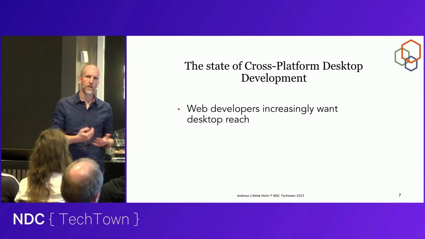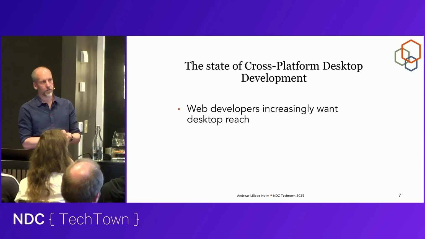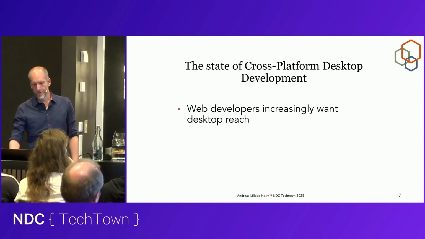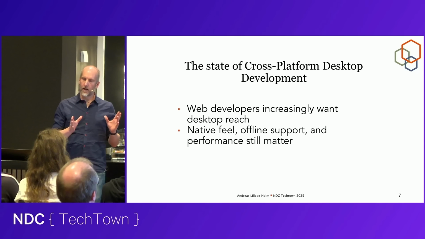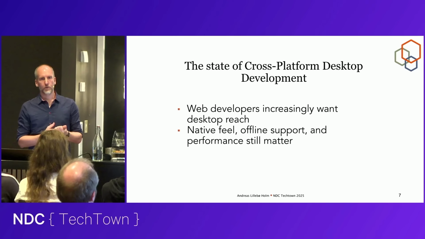They want to just, okay, if we do need a native desktop application, why don't we use the web framework for that? And we do want a native app because in many ways you do need some native functionality.